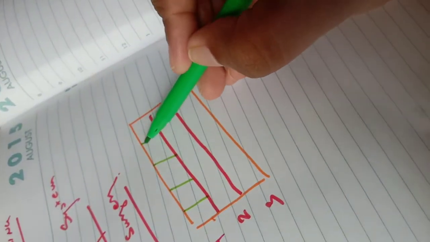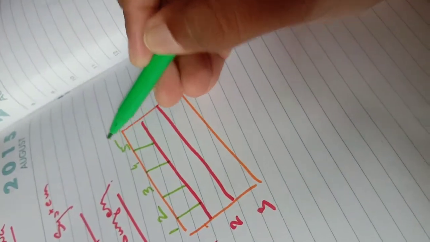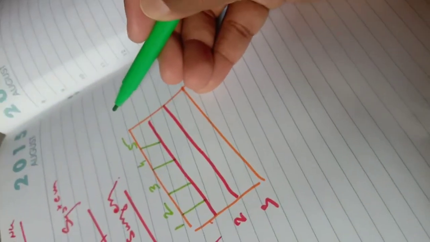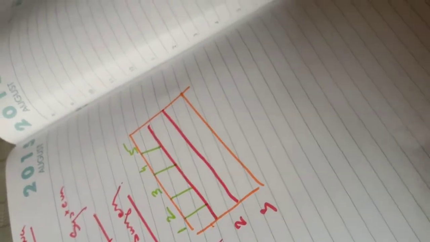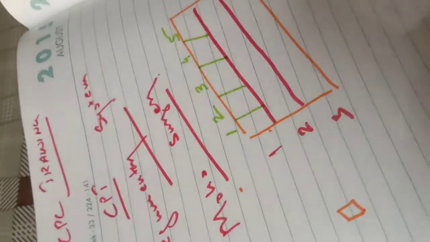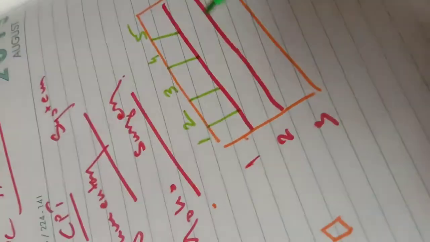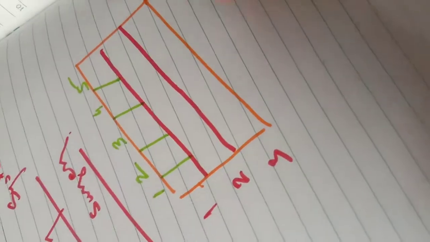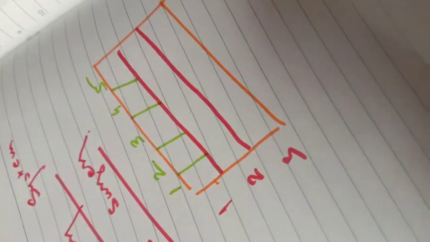Okay, these are the blocks: 1, 2, 3, 4, 5. It can be 5, it can be 3, it can be 10, according to the complexity of the surgery. So this would be the method they are doing the surgery.